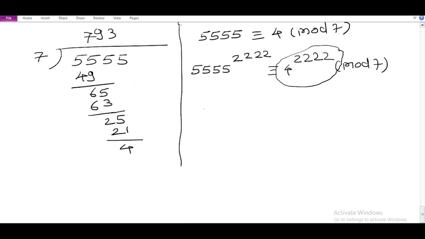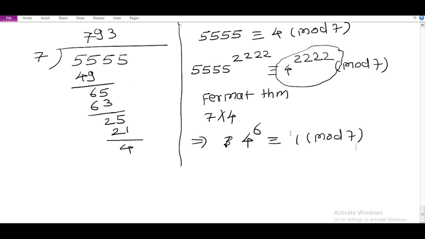Now again by Fermat's theorem, 7 does not divide 4, so 4 raised to 6 is congruent to 1 modulo 7.